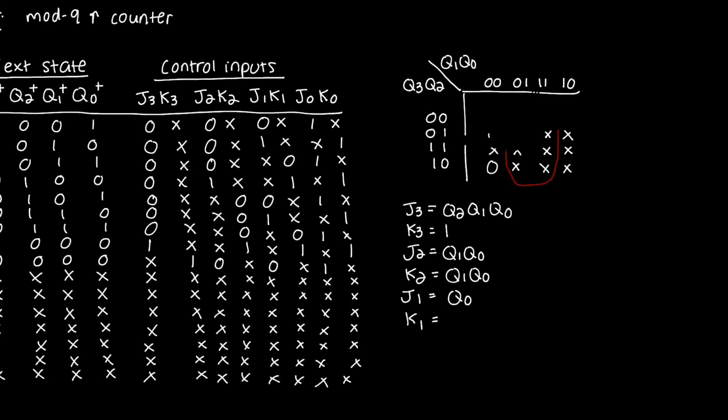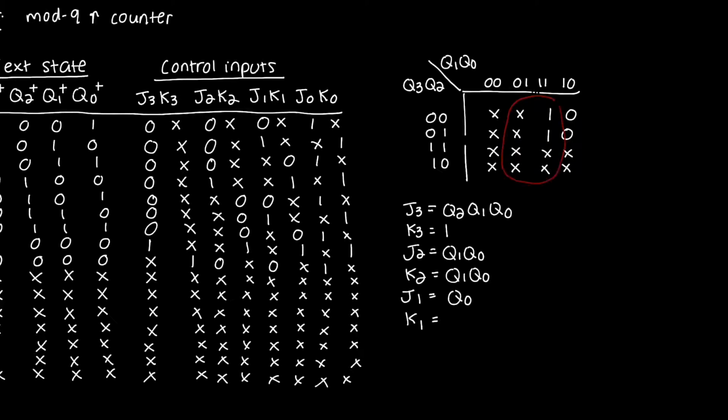I'm going to reuse my K-map for K1. Using this column right over here, I've got X, X, 0, 1, again X, X, 0, 1, and the rest are don't cares. So what can I do?